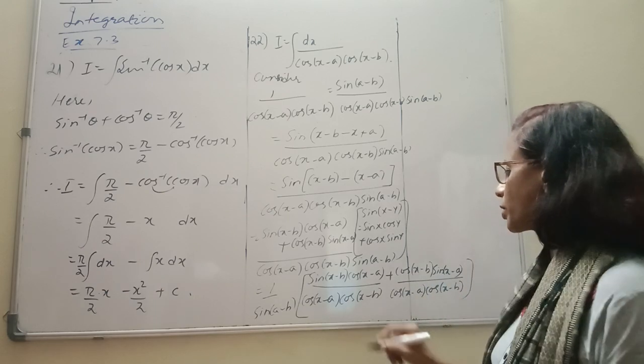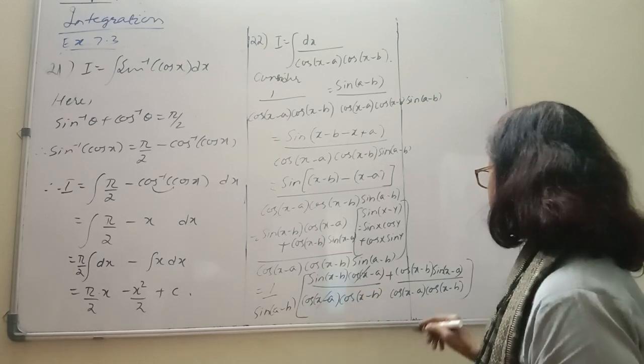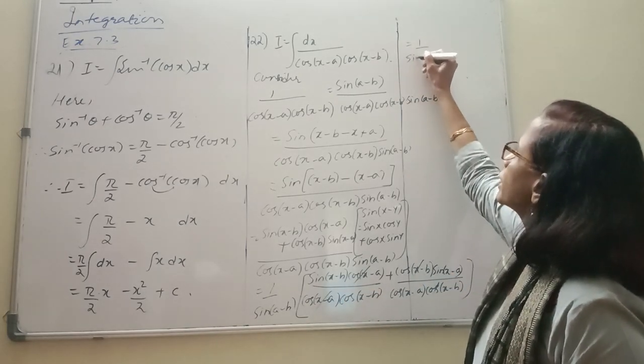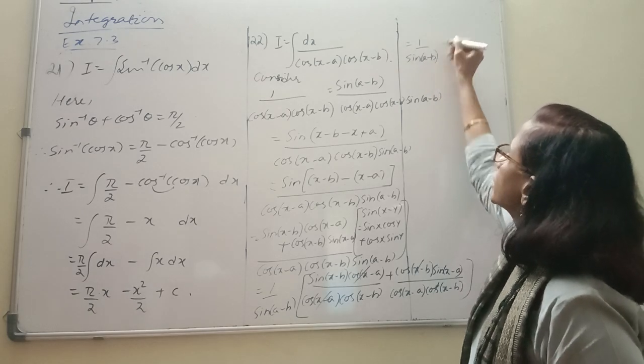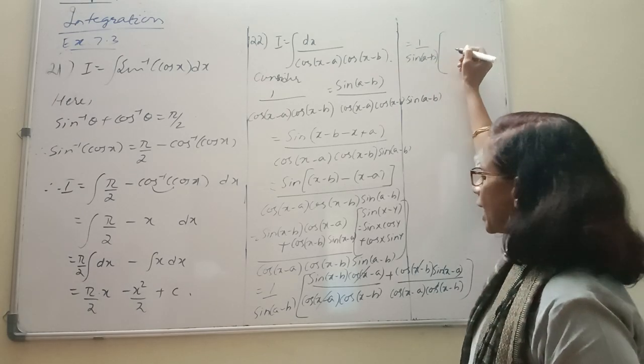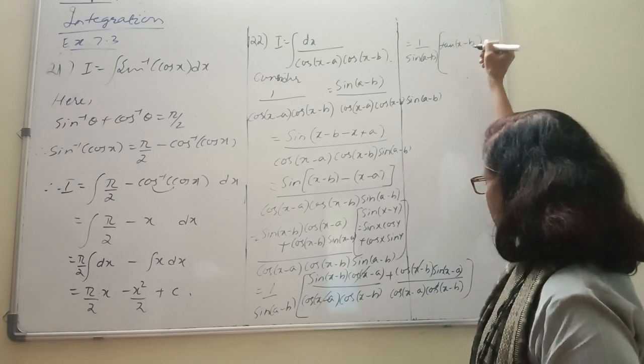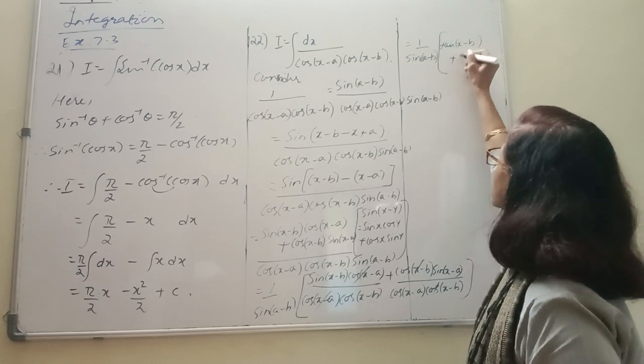Because things get cancelled, so you are left with 1 over sin a minus b, and then tan of x minus b, minus tan of x minus a.